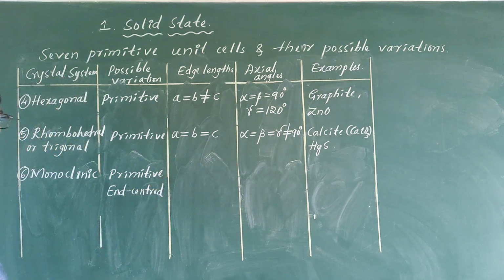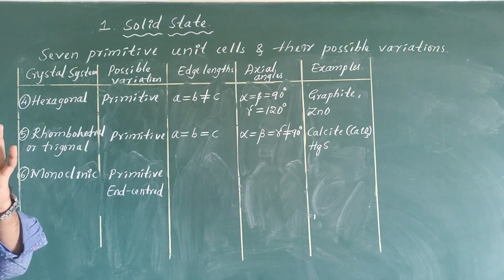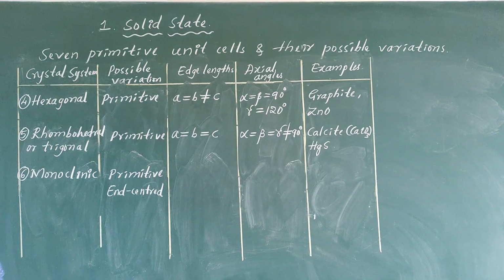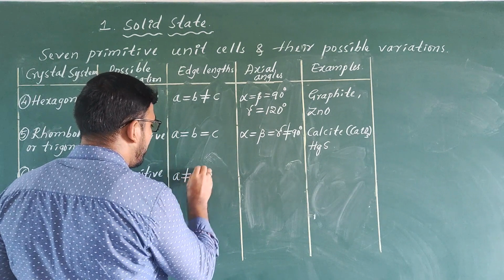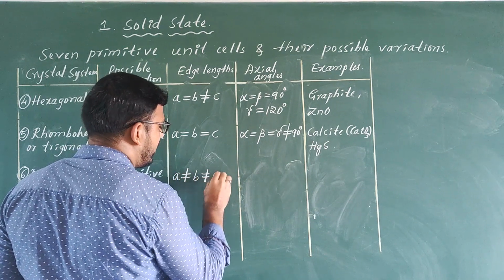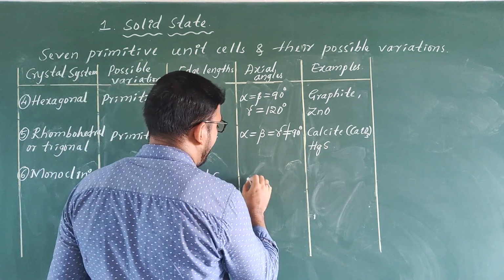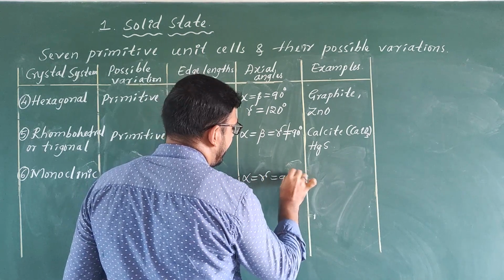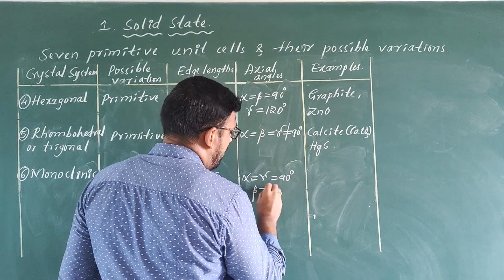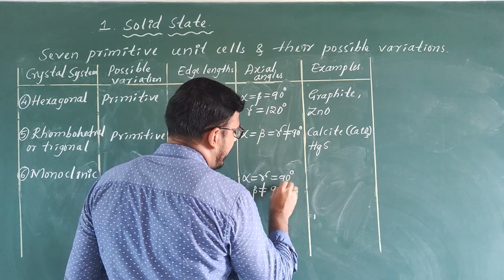Now coming to the edge lengths, the edge lengths are not equal to one another. A is not equal to B is not equal to C. Here two bond angles, alpha is equal to gamma is equal to 90 degrees, but the angle beta is not equal to 90 degrees.